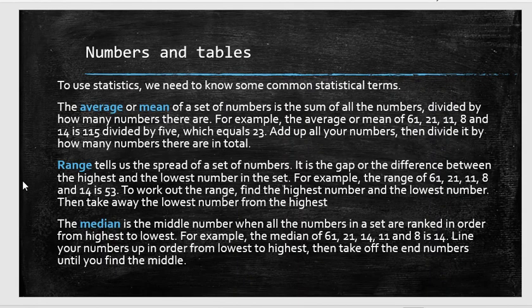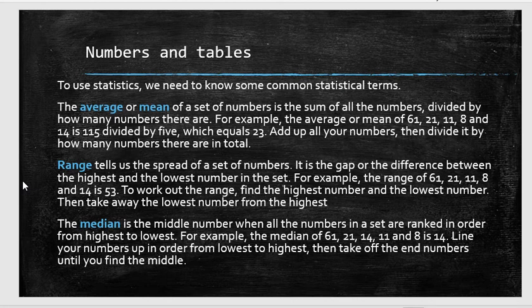Then we were doing some work on the range. Now the range tells us about the spread of a set of numbers. It is the gap or the difference between the highest and the lowest number in a set. For example, the range of 61, 21, 11, 8, and 14 is 53. Now to work out the range, you have to find the highest number and the lowest number.